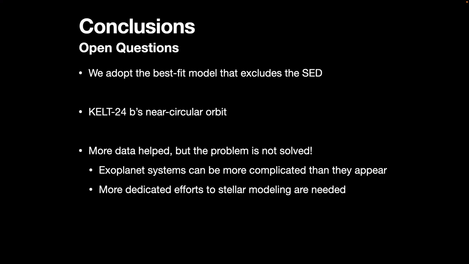So we don't believe that the companion is a major source of blending in the spectroscopy that we have. But in terms of the activity of KELT-24, we know that it's really active. It has a rotation period of about 3 or 4 days. But we don't see that necessarily as a signature in our radial velocities, as evidenced by that periodogram that we have. So beyond the fact of just saying this is a very active star, we don't do a ton of analysis into what the stellar activity could actually be.